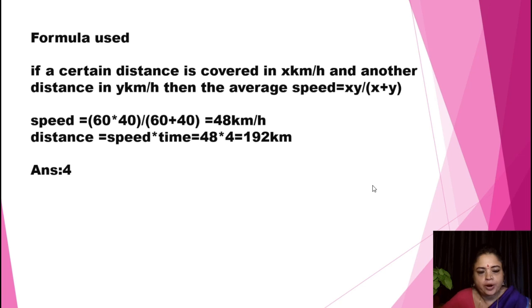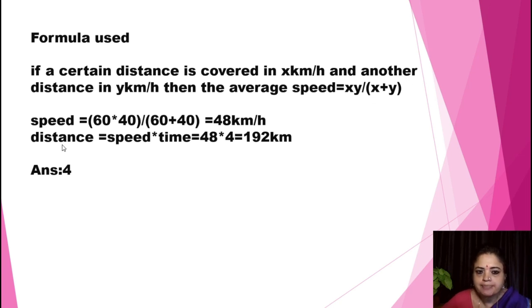So in this type of problems we have to use a formula. Here if a certain distance is covered at x kilometers per hour and another distance at y kilometers per hour, then we can calculate the average speed using this formula: xy divided by (x plus y). Please check that the bottom x plus y is within brackets.